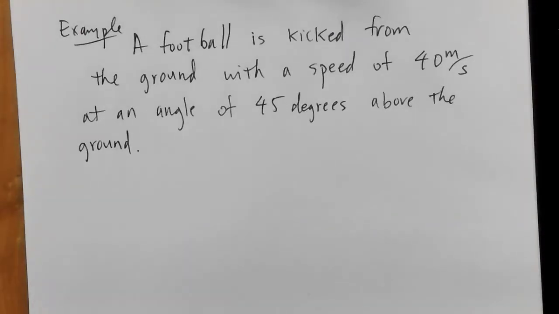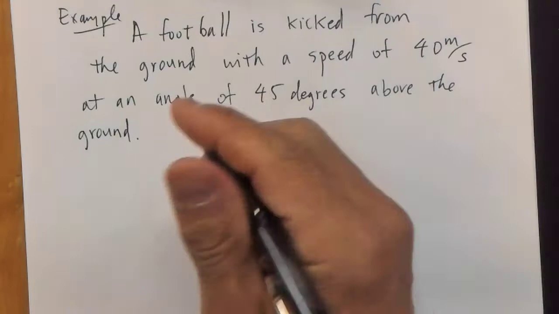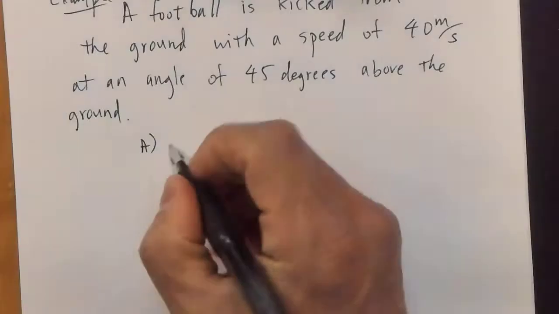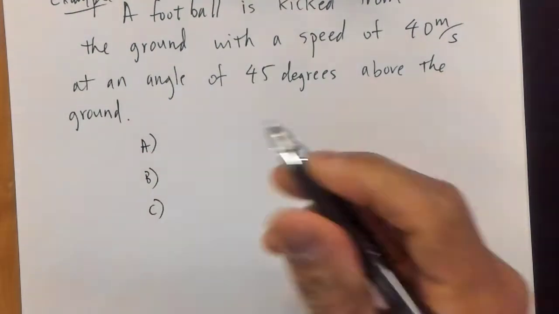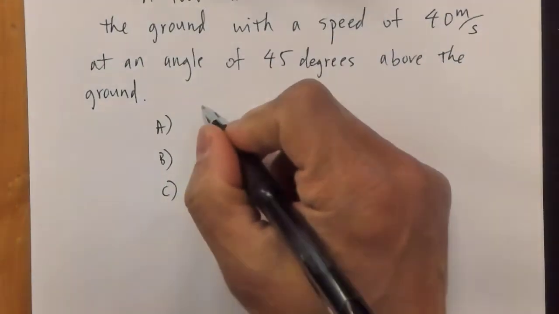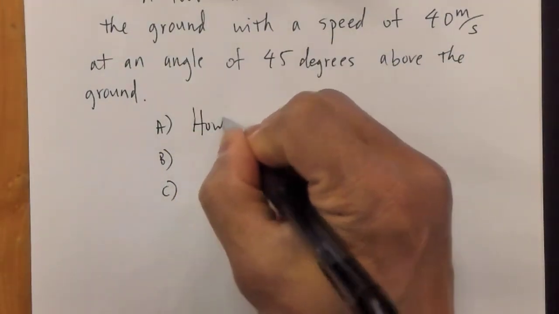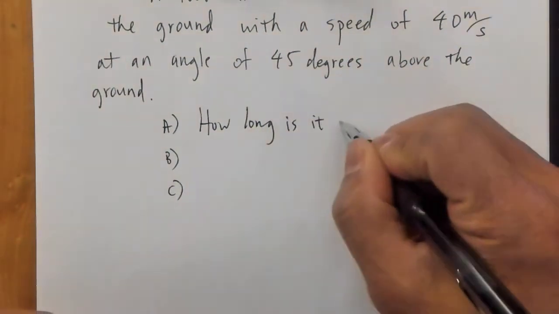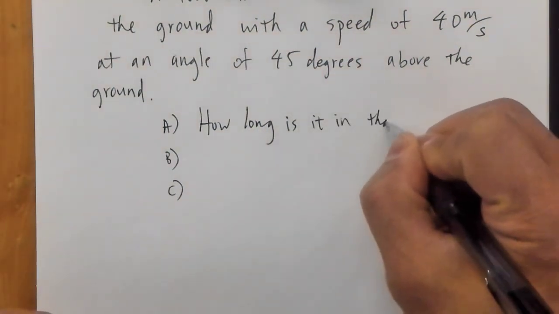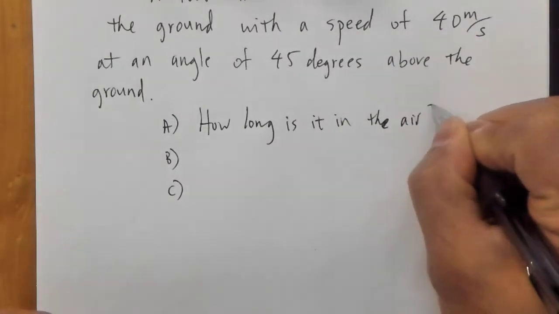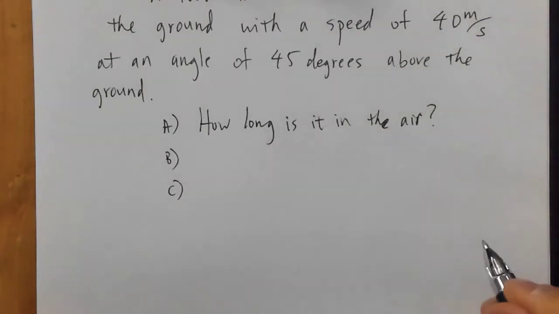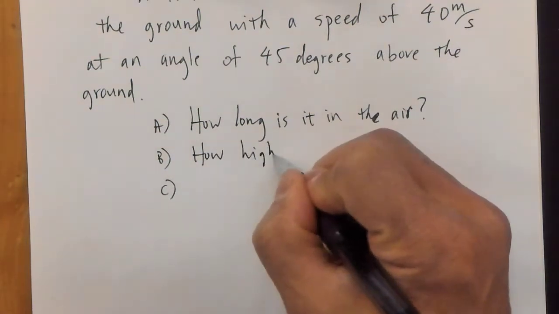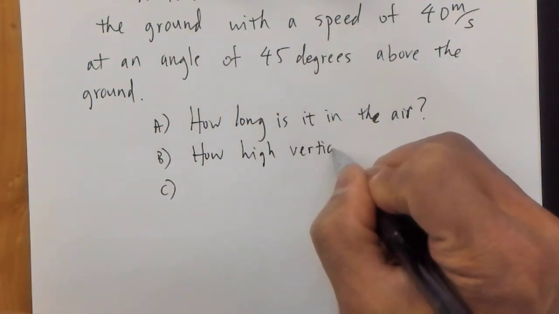The three parts we'll do, I don't know how long it will take us. Let's see how long it will take. Questions are, how long is it in the air? And how high vertically does it go?